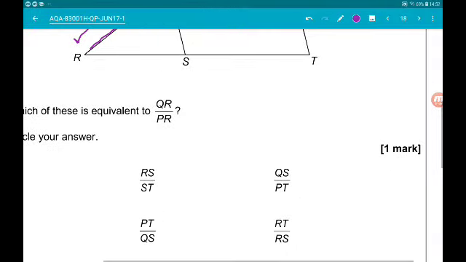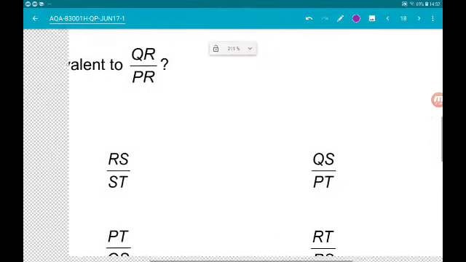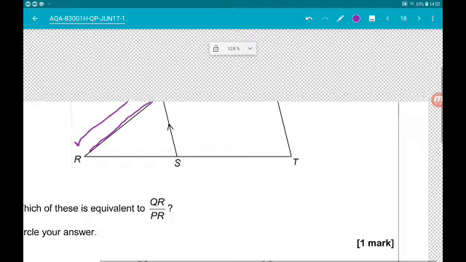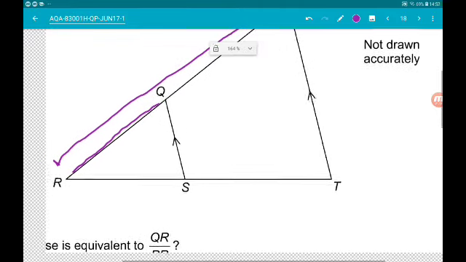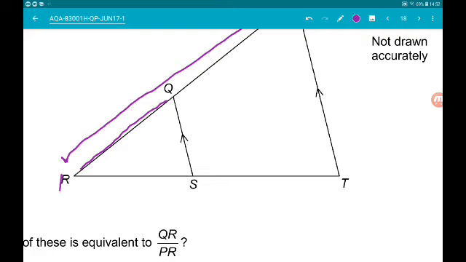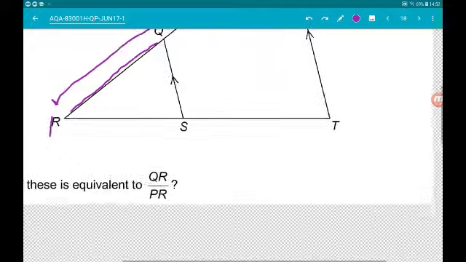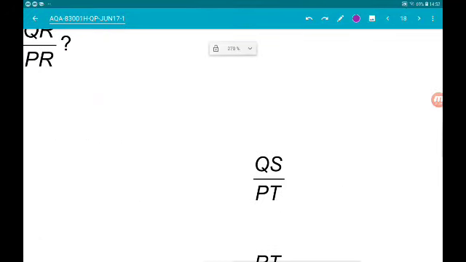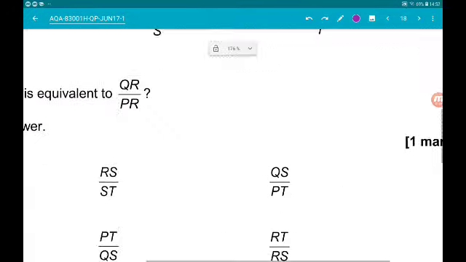So, is it RS over ST? So, where's RS? No, because that's just doing this bit divided by this bit. So it's not that. What about QS over PT?